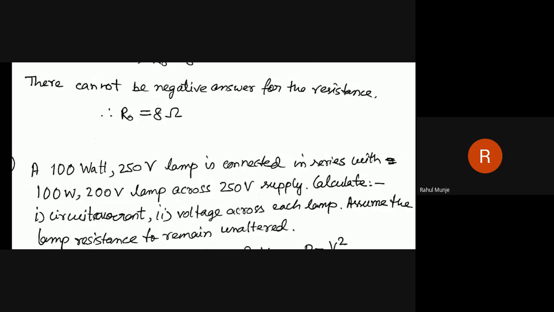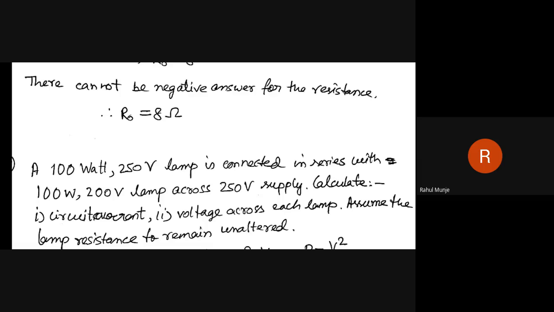Write down the ratings, 100-watt 250-volt for the first lamp and 100-watt 200-volt for the second lamp. Along with these two series lamps, the supply voltage is 250-volt, so draw the supply terminals with V equals 250-volt.